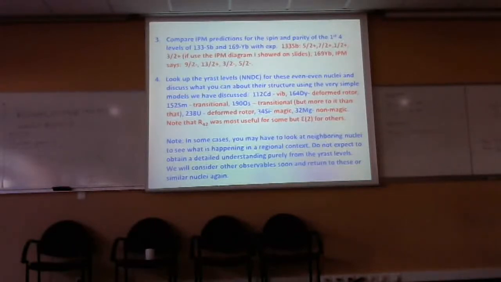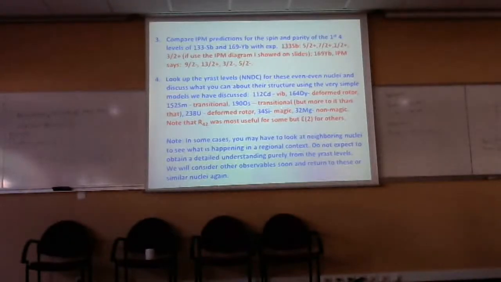If you made a plot of E2 plus for silicon and for magnesium as a function of neutron number, you saw a big jump for silicon at N equals 20. Big jumps in E2 plus are symptomatic of magic nuclei, and no jump at all in magnesium. So what I wanted you to see here was that the magic numbers can change.